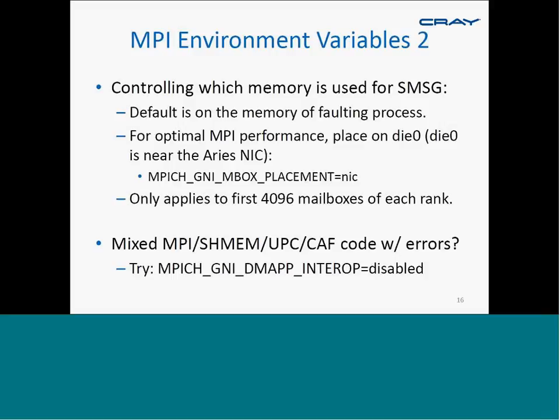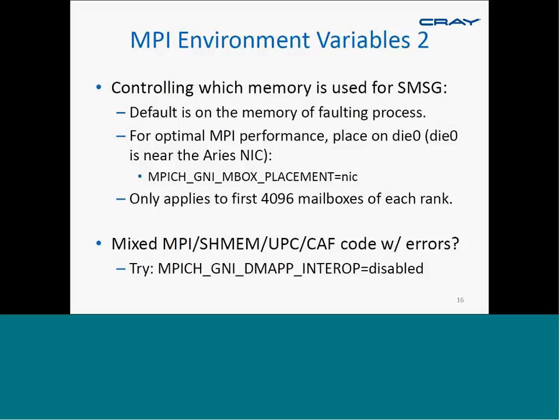And then here, I should point out, mixed technology codes are not really that common. I suppose there's a few, but if you have a code that's using a lot of these technologies, if you're using MPI and SHMEM, or you're using MPI and have a CAF code, sometimes this has some problems.